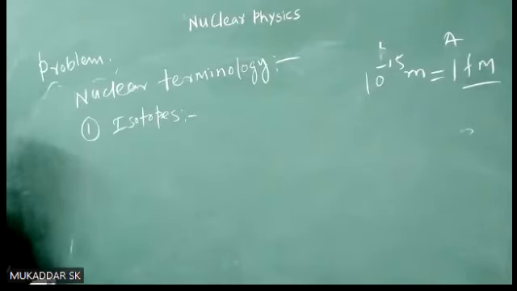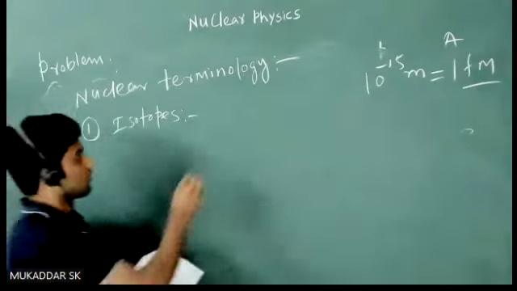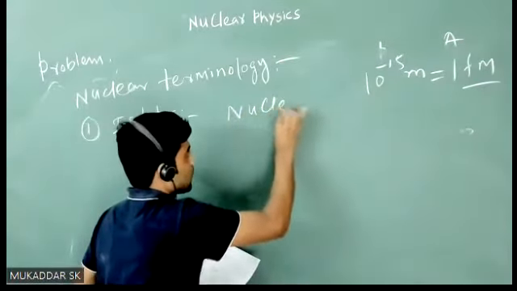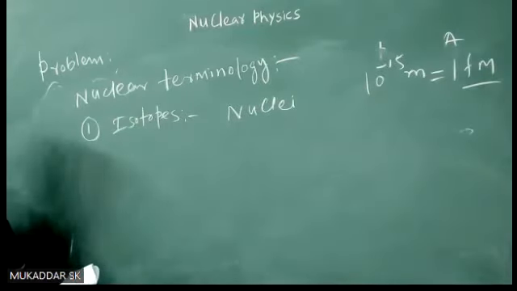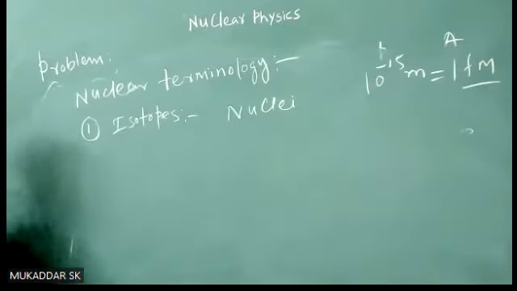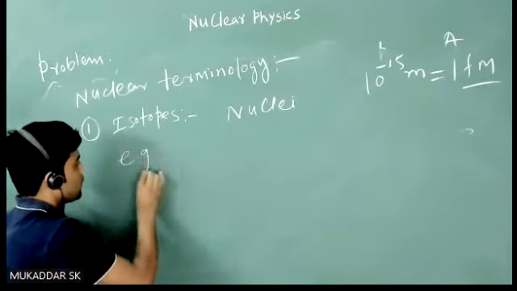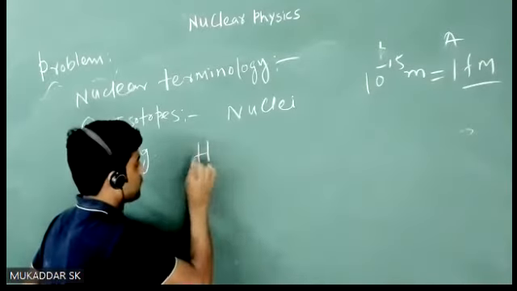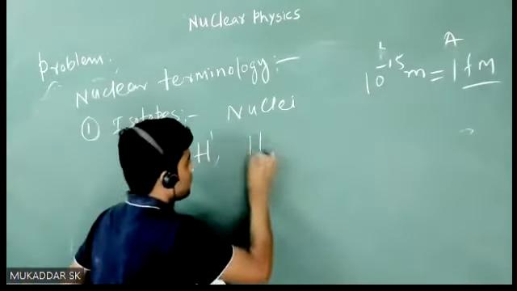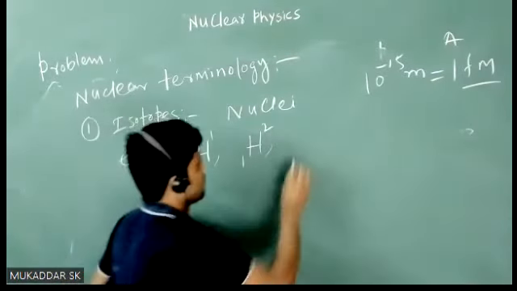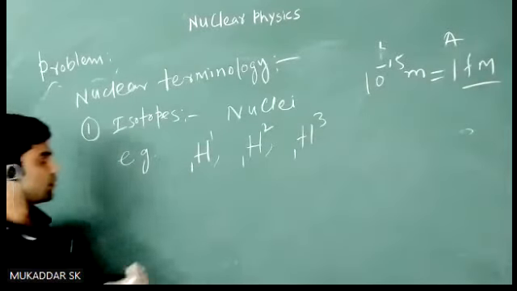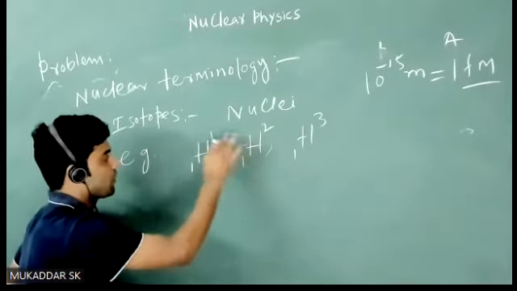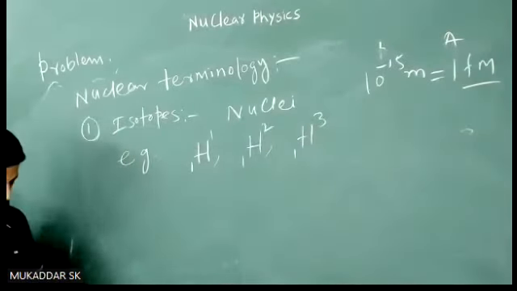For example, if you know hydrogen isotopes, they will have the same atomic number but different mass number. So see, these are the isotopes of hydrogen. These are the atomic numbers. So they have the same atomic number but different mass number. Okay.